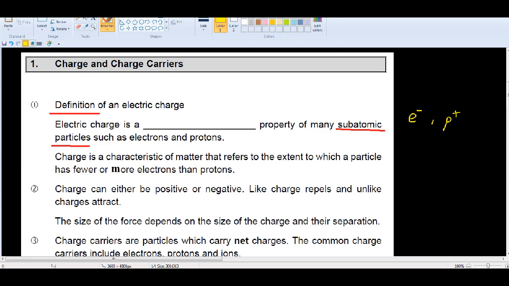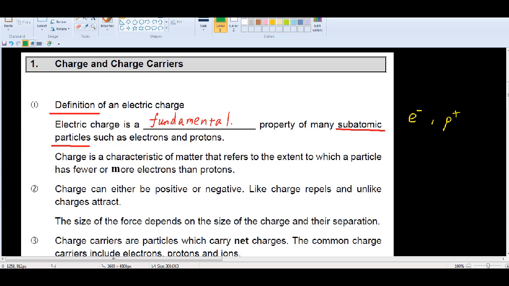So charge is what we call a fundamental property of these subatomic particles. Fundamental properties are something that, when you describe a subatomic particle, normally you need to mention. For example, when we describe an electron, you say its charge is -1 unit, and its mass is a very small number.